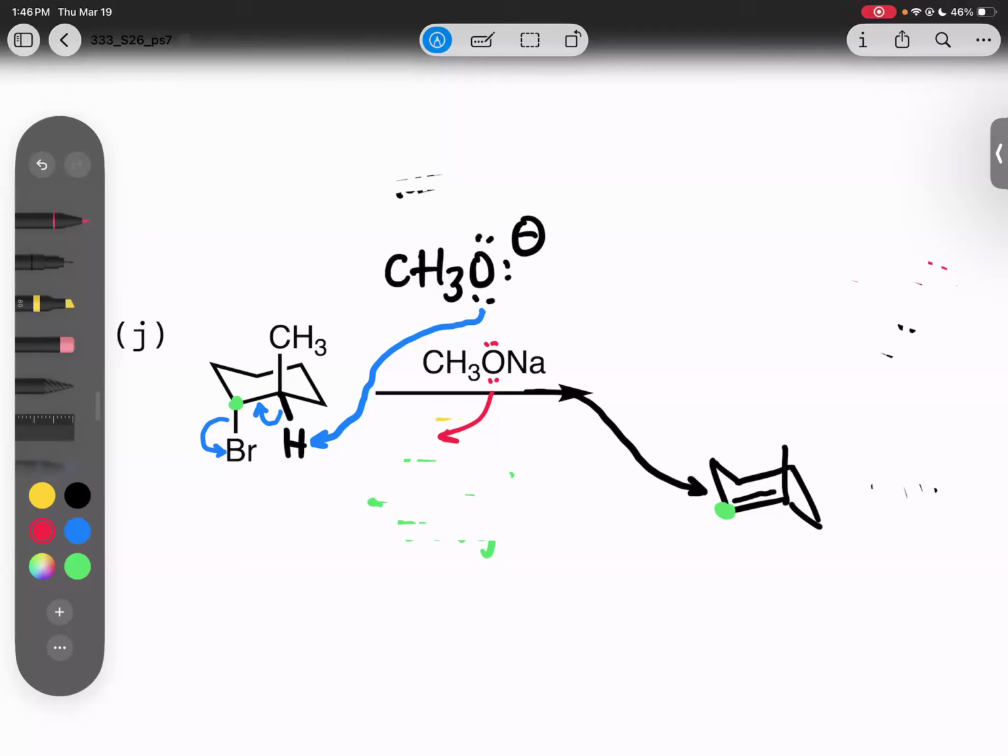So you want to make sure you rewrite it without the cation. The reason I give it to you with the cation is because that's what you actually buy in the bottle and put into the reaction. It's also because it's more work for you, but okay.